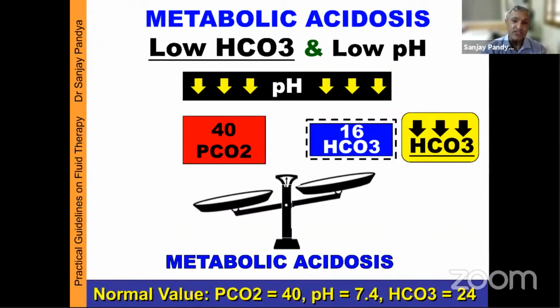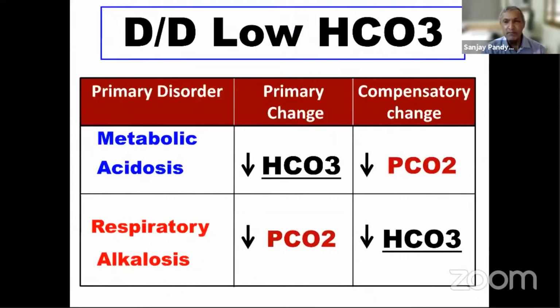So it's a balance: when bicarbonate is low, pH will reduce, and that's how metabolic acidosis is characterized, by acidosis, that is low pH and low bicarbonate. But we need to keep in mind that low bicarbonate can be a primary change because of metabolic acidosis, and even in respiratory alkalosis, when PCO2 reduces, the compensatory change will be a reduction in bicarbonate.